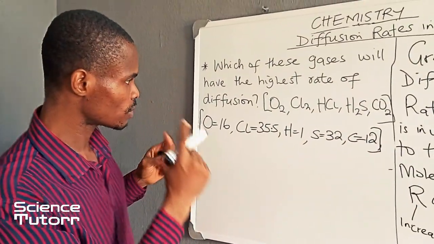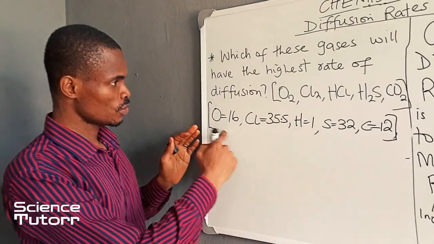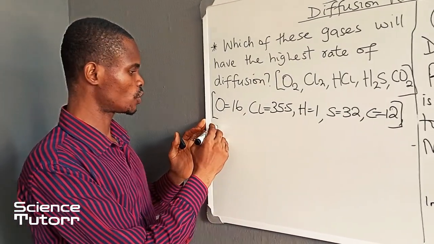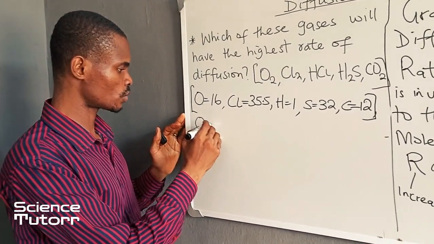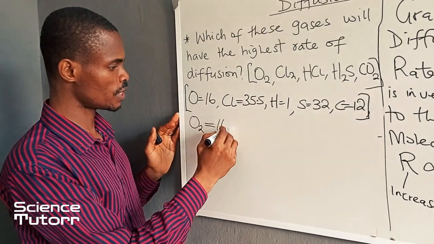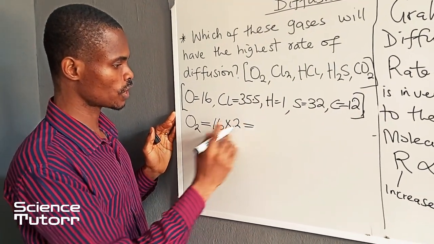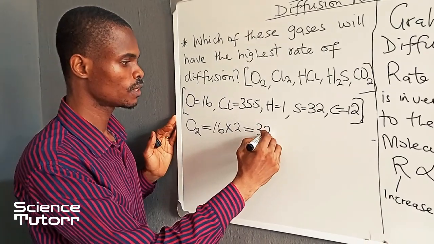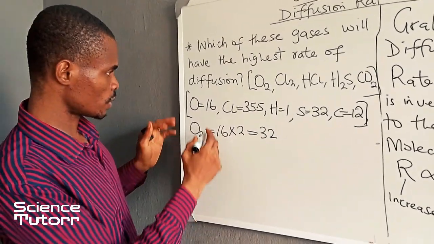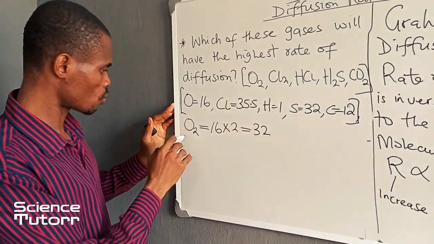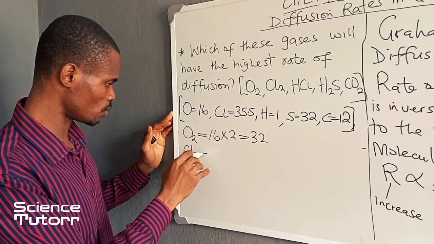So how do we go about it? For the first gas, oxygen gas O2, oxygen is 16 and we have 2 of it, so 16 times 2 gives us 32. For the next one, we have chlorine gas Cl2.